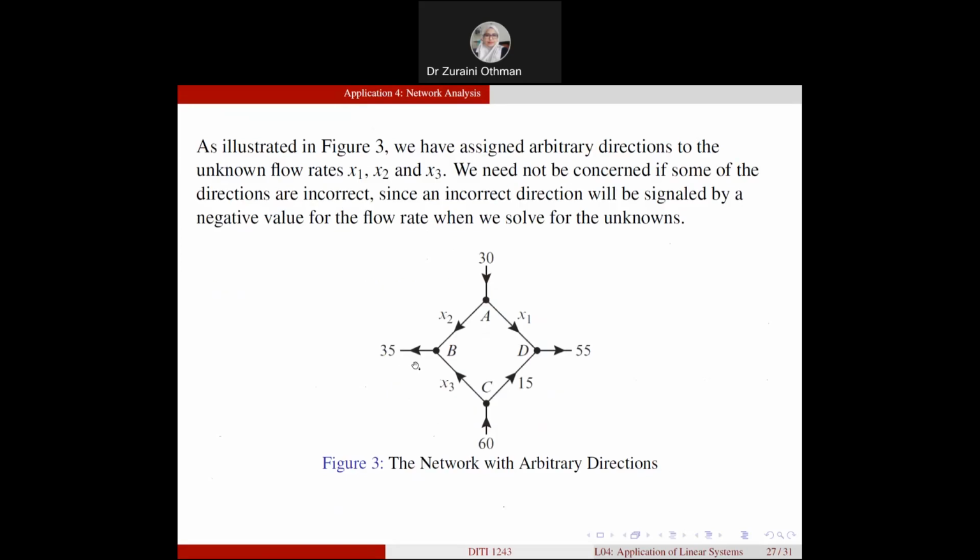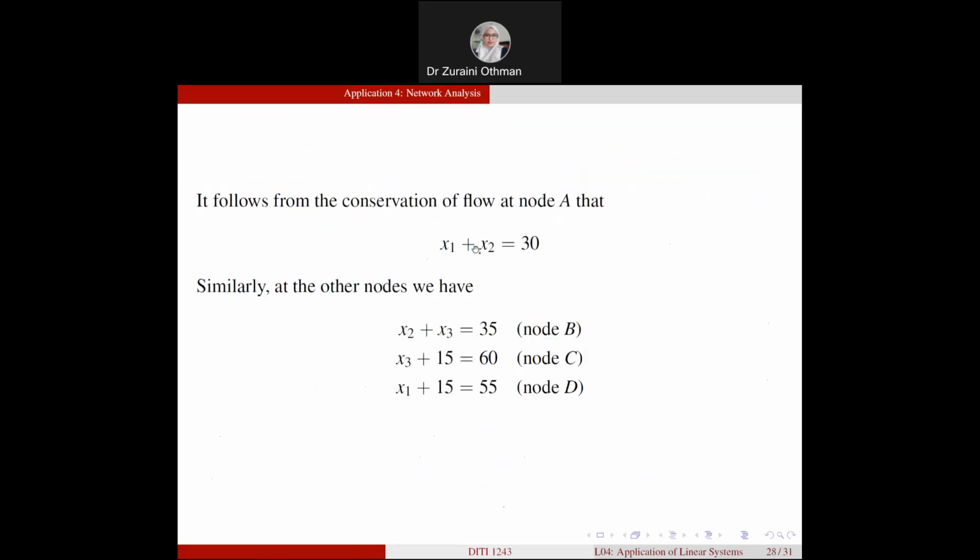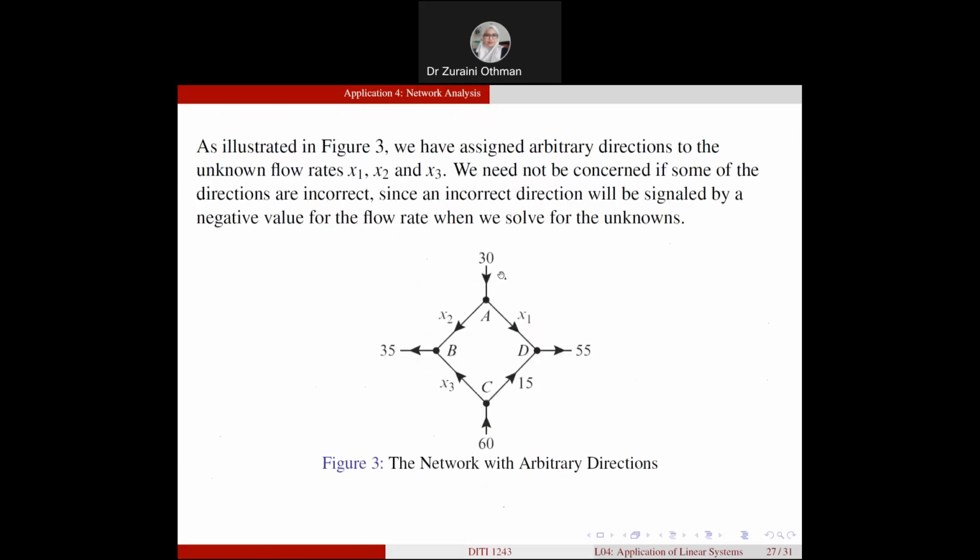Okay, sekarang kita nampak tak dekat sini. Untuk node yang pertama, it involve X1 dan X2 sahaja. Okay, macam tu dia represent X1 campur X2 ialah 30. Nampak tak? Yang masuk ialah 30. So, X1 campur X2 nilai dia 30. And for node B kat sini ialah X1 X2 campur X3 nilai dia ialah 35.